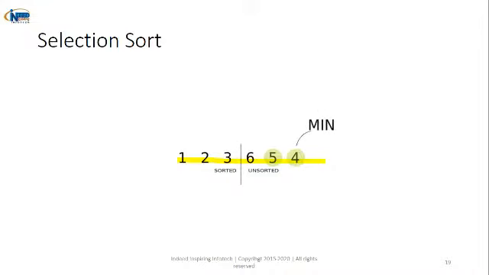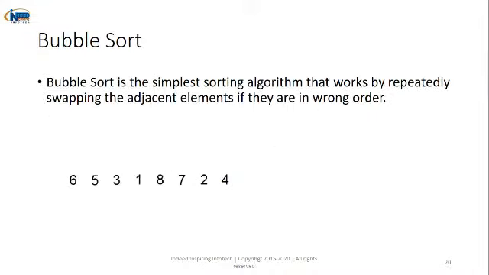This is selection sort, right? Now bubble sort is one of the simplest sorting algorithms. It compares two adjacent elements, and after comparing it swaps. So 5 6, 5 is smaller, no swap needed. 6 3, 6 is greater, swapped. 6 1, again 6 is greater than 1, it will swap.